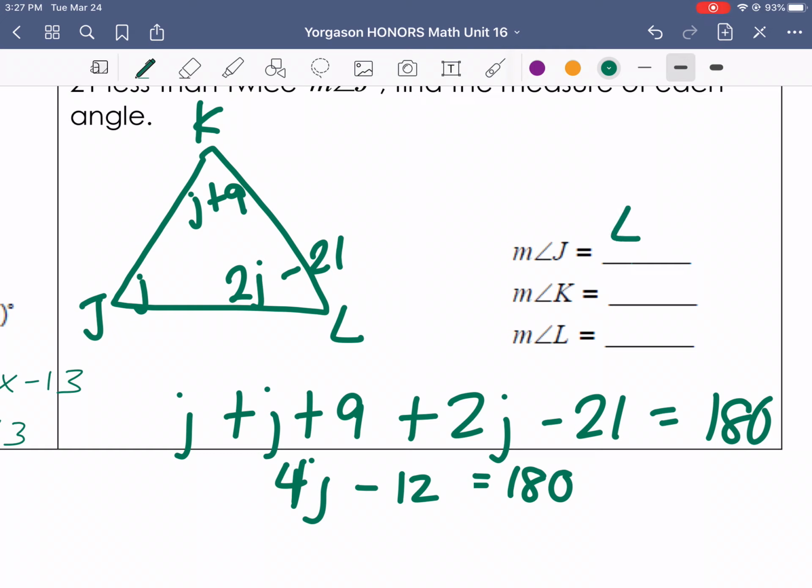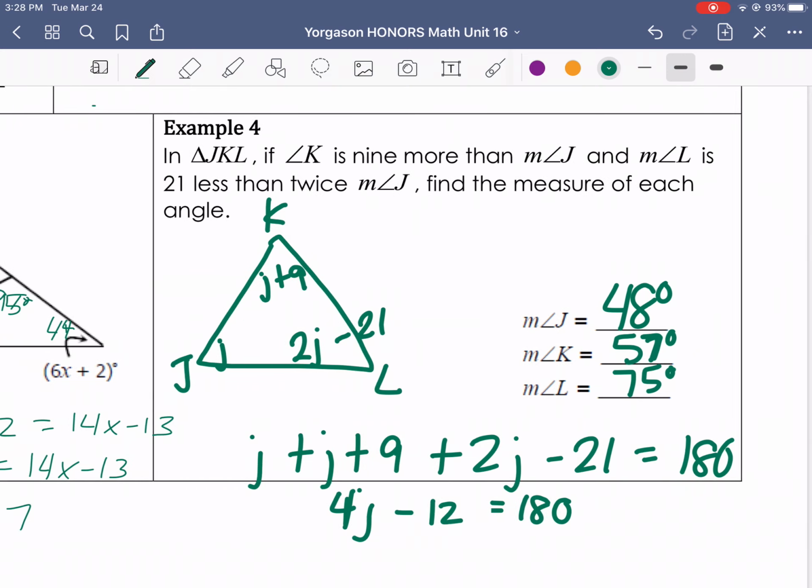So j is 48 degrees. And that would mean that K is 48 plus 9, which is 57 degrees. And that angle L is 2 times J, which is 48, 2 times 48 minus 21. That one ends up being 75 degrees. And let me just double check that if I add all those together, they do equal 180. That seems like it works.